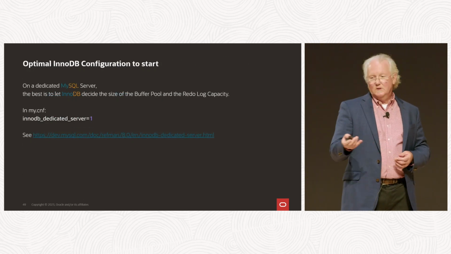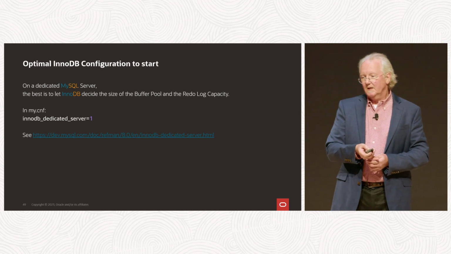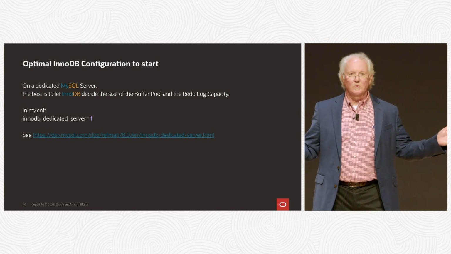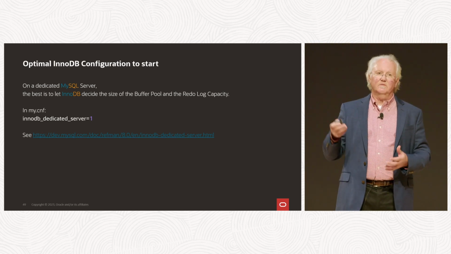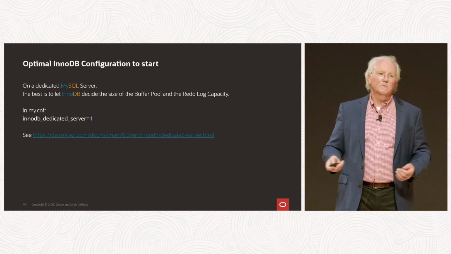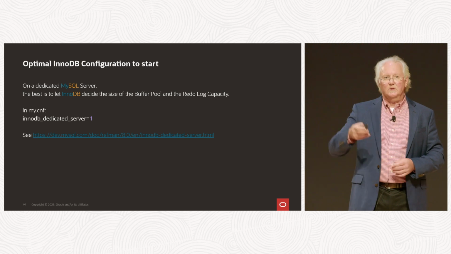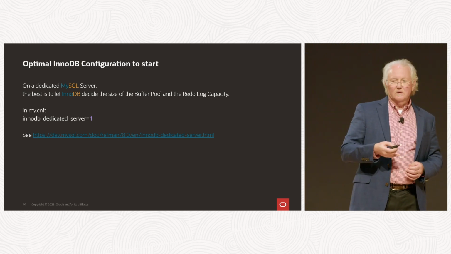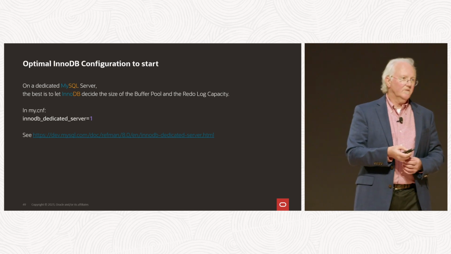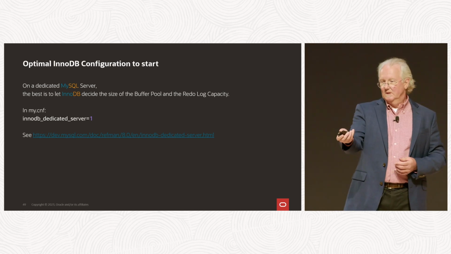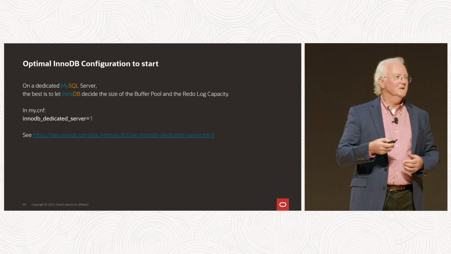All right, so this is an interesting one, the InnoDB dedicated server. So if you don't want to do any of that, we will heuristically set up values based on how much memory you have on the system to configure InnoDB. And we're pretty close to giving you really good values. Now, what you have to be careful on is that when we say dedicated server, we mean dedicated server.